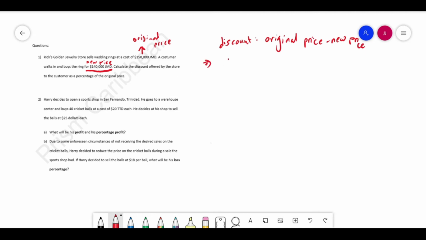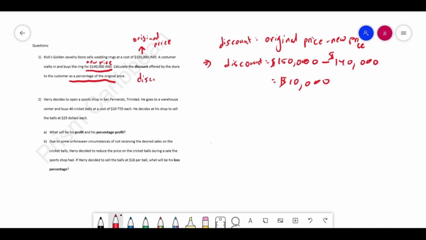So, just substituting in the formula, discount is equal to $150,000 minus $140,000, which is equal to, don't forget the signs, $10,000. But they said to calculate the discount offered by the store to the customer as a percentage of the original price, meaning they want the discount percent.